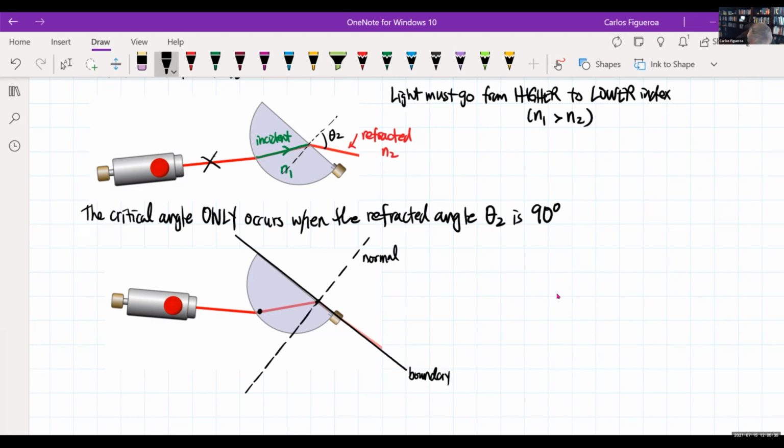And you could see here that this angle right here, which I'm going to draw in green here, this is my refracted ray here.